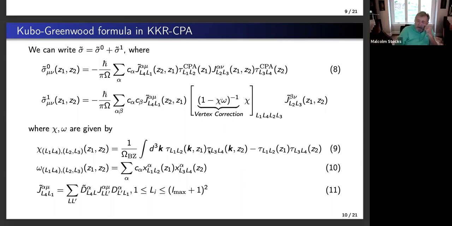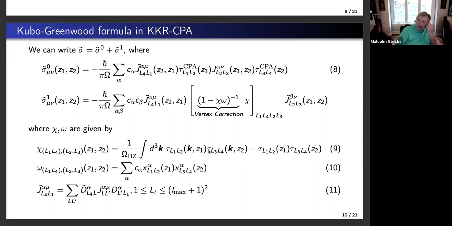When we initially did all this stuff, it was pretty much confined to FCC and BCC, but I think in the Munich code, it's fairly general. I was wondering how general your codes are in terms of crystal structure.